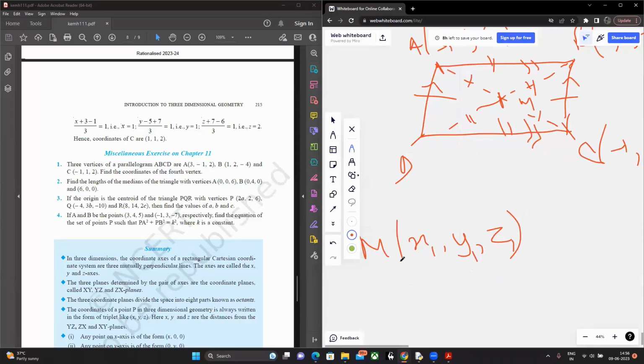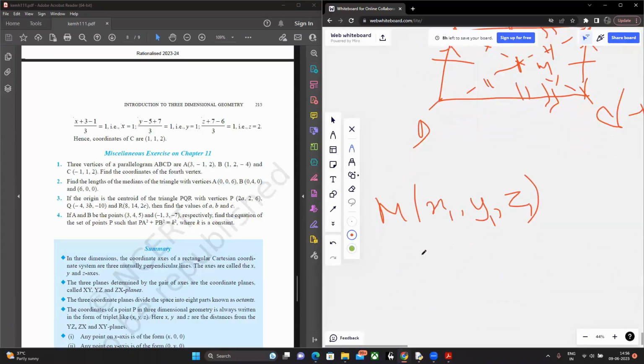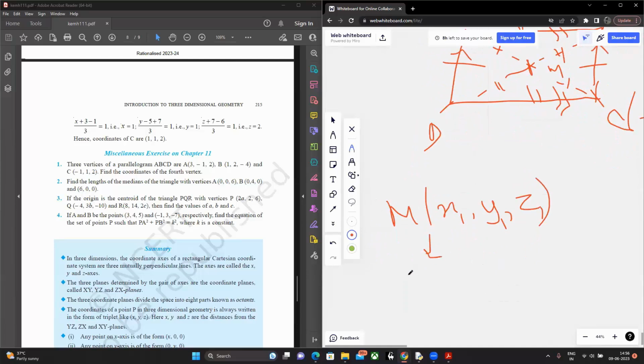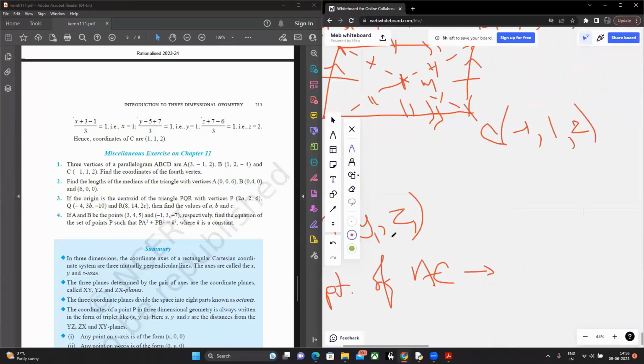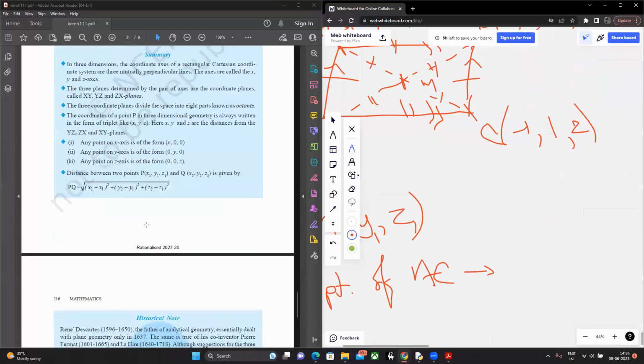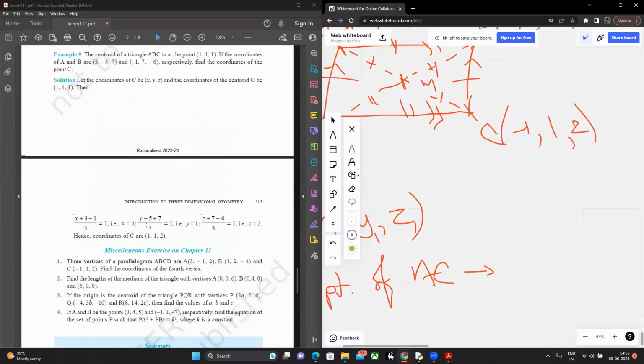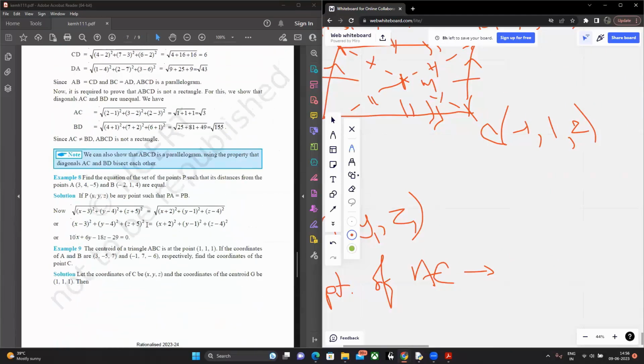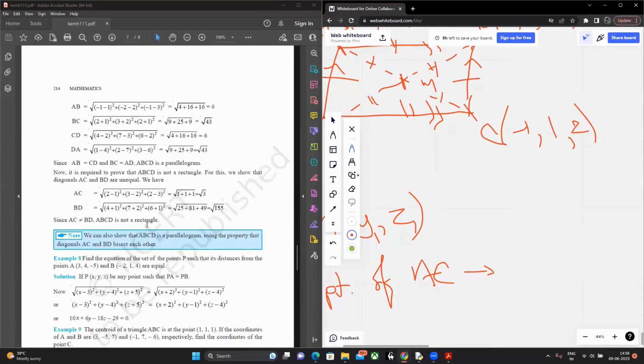Then M is the midpoint of AC. Wait a minute, why isn't the midpoint formula there over here? That's actually very weird.